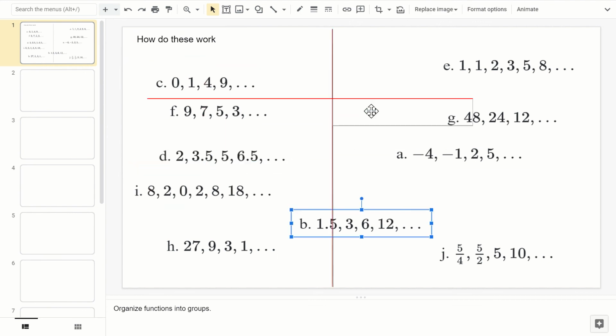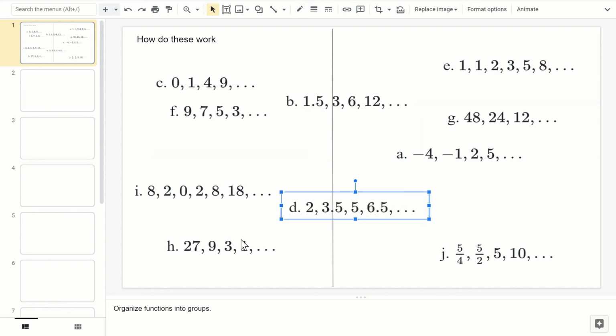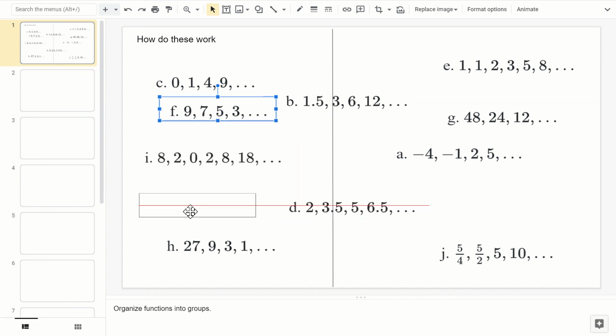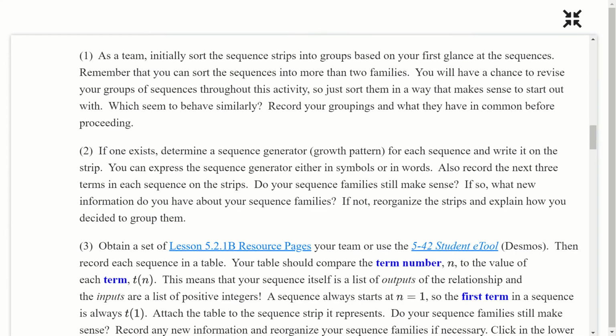And actually, it could be more than 2 families. It could be 3 or more families. So don't be surprised if some of them don't quite fit where you want them to. But the next thing I want you to do is to slide into producing a visual that helps us see each one of these a little bit more clearly.